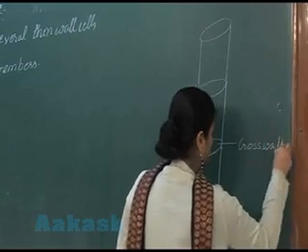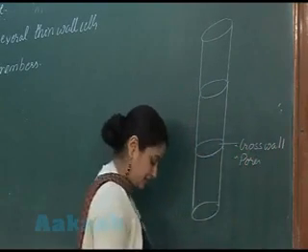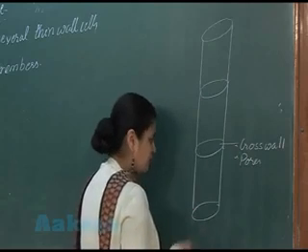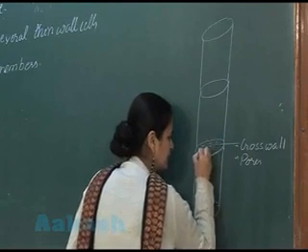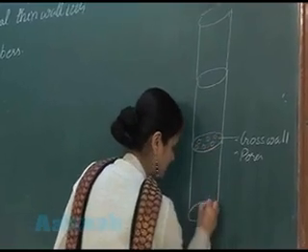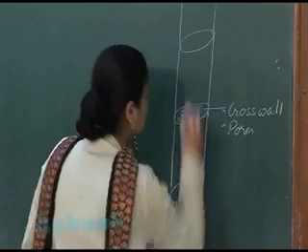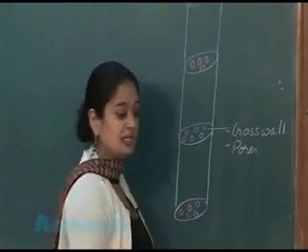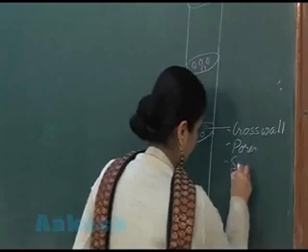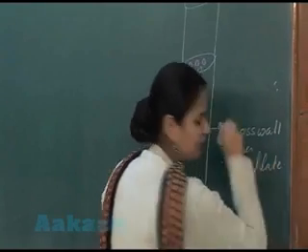The cross wall is porous, like this. The cross wall which contains the pores is known as sieve plate.